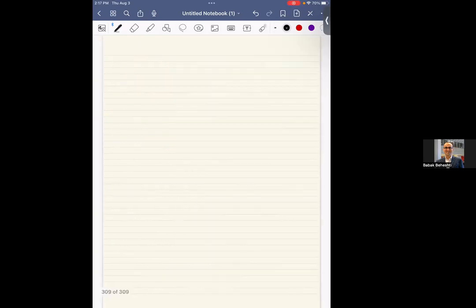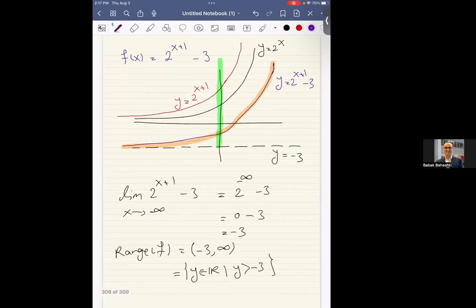Okay, so you should be able to draw the different graphs. And remember that if you multiply a graph by negative, then you have to do a vertical reflection around the x-axis. So you see here is 2 to the power x plus 1 minus 3.